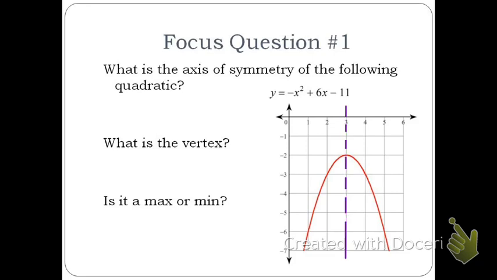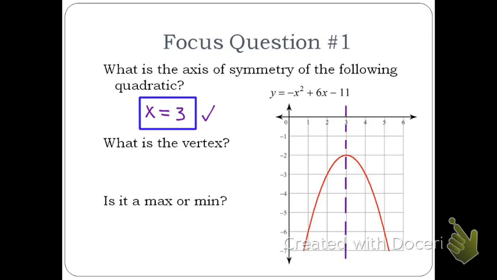We have this line where your parabola splits perfectly at x equals 3. By the way, it's always going to be x equals, so we'll say x equals 3. If you give me something that just says 3, that's not enough. I need x equals 3.